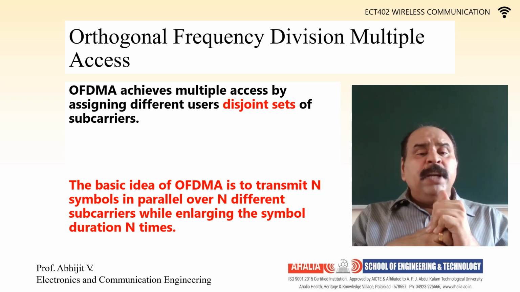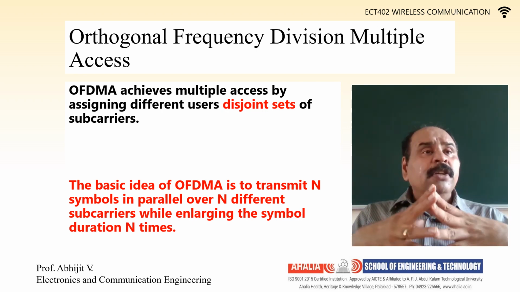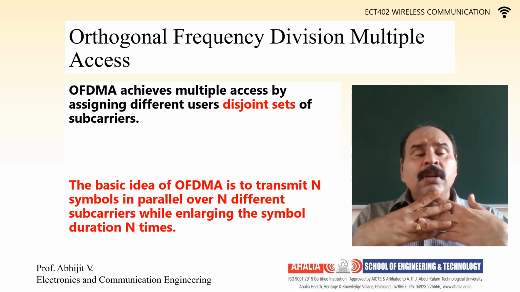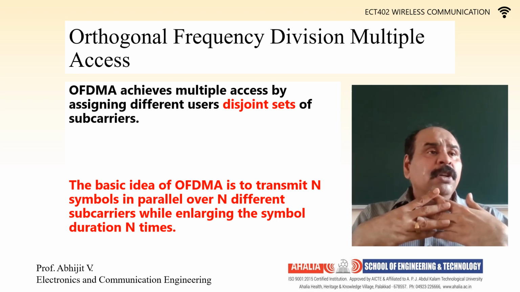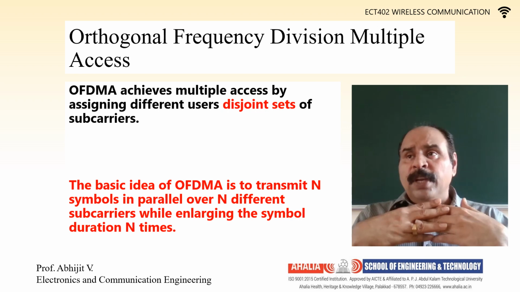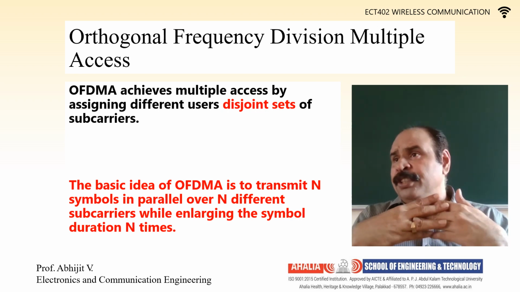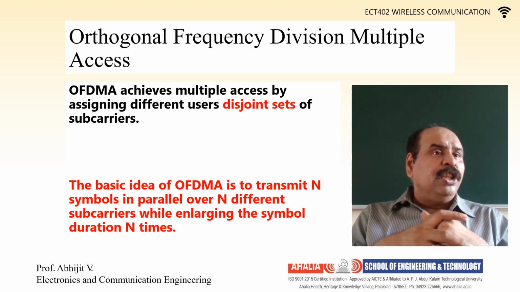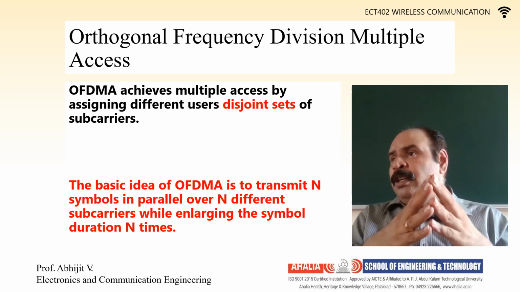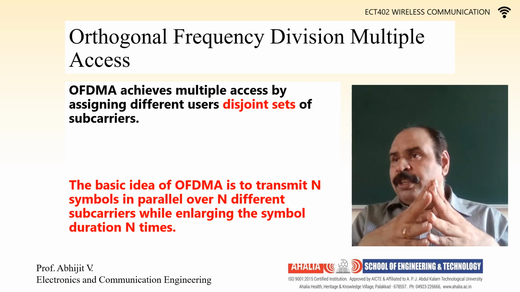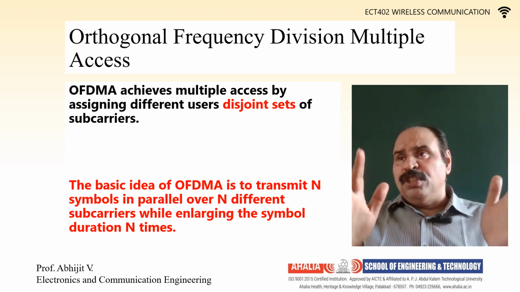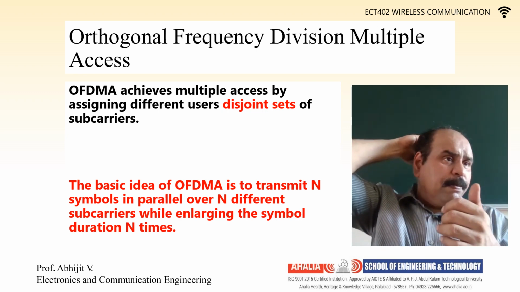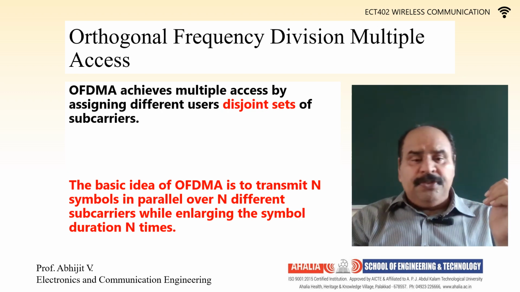OFDMA achieves multiple access by assigning users disjoint sets of subcarriers. We have seen this in detail in the previous modules, especially in module 3 where we have seen multi-carrier modulation systems, MCMs. The basic principle of OFDMA depends upon OFDM.